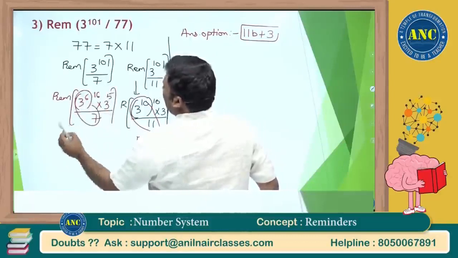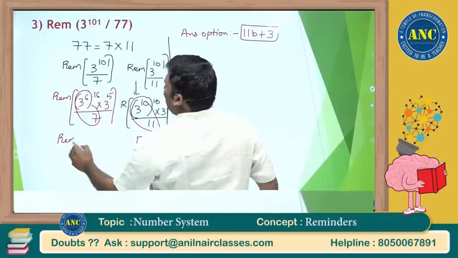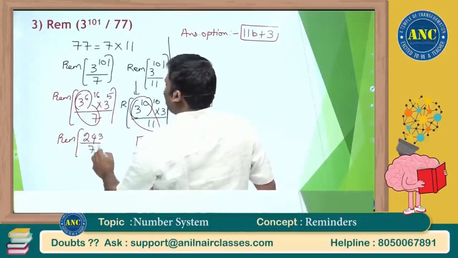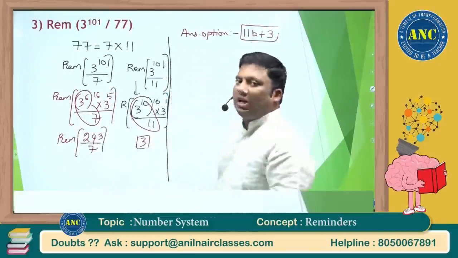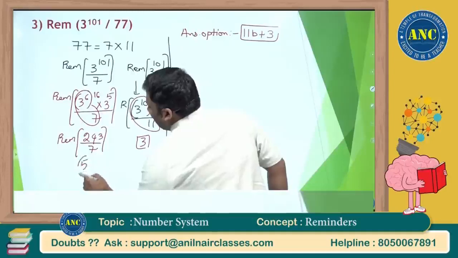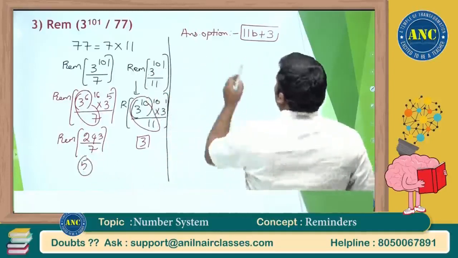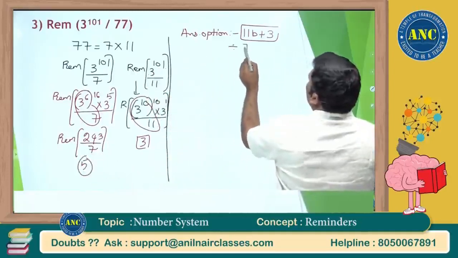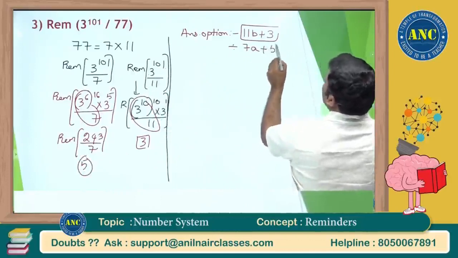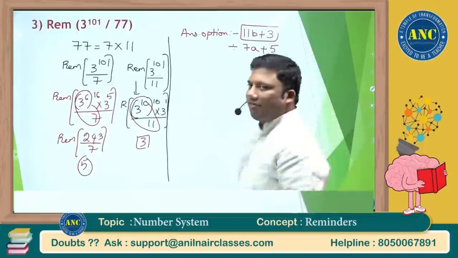The 3 power 6 part gives 1. 3 power 5 is 243. 243 divided by 7: 7 3s are 21, 33, 7 4s are 28. What is the remainder? 5. So when divided by 11, it gives remainder 3, and when divided by 7, it gives remainder 5.